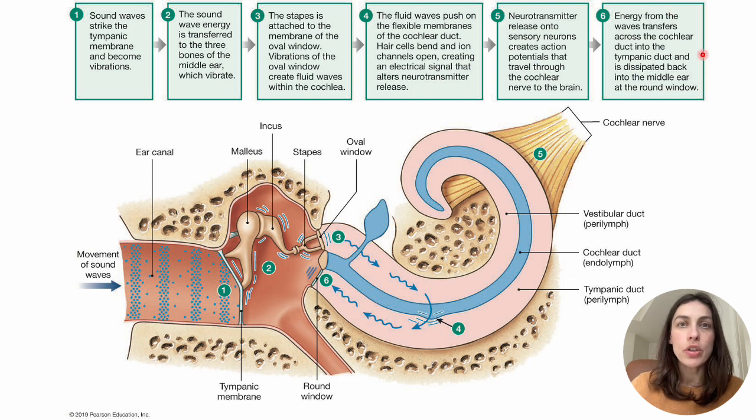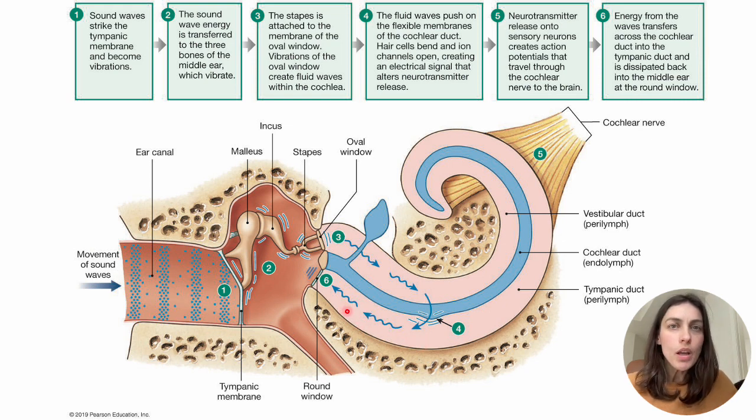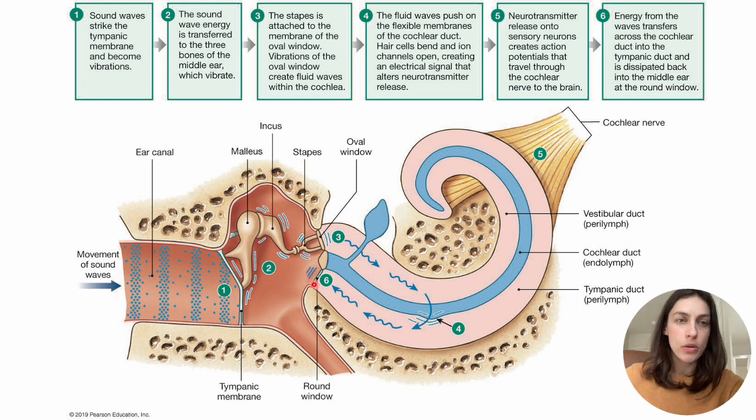Energy from waves transfers across the cochlear duct to the tympanic duct, right? This tympanic duct here. And it dissipates back into the middle ear on the round window. So that fluid displacement has to go somewhere, and that is onto the round window.